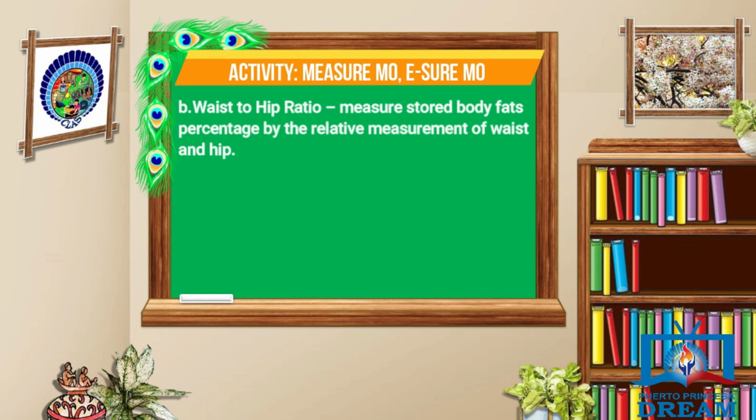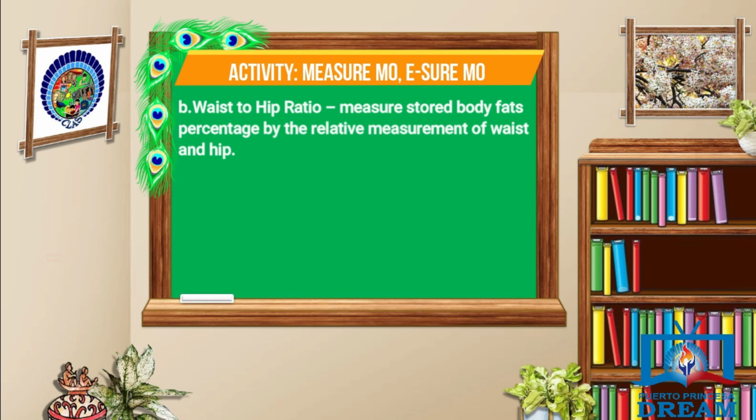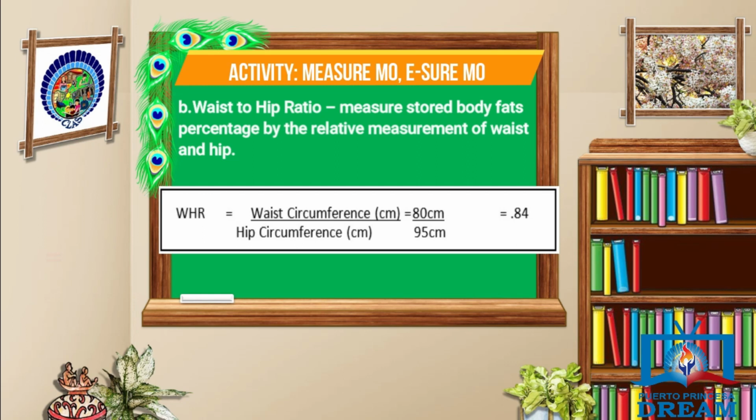How to get your hip ratio? Measure stored body fats percentage by the relative measurement of waist and hip. Here is the formula. Waist to hip ratio is equal to waist circumference in centimeters divided by hip circumference in centimeters, and that is your waist to hip ratio.